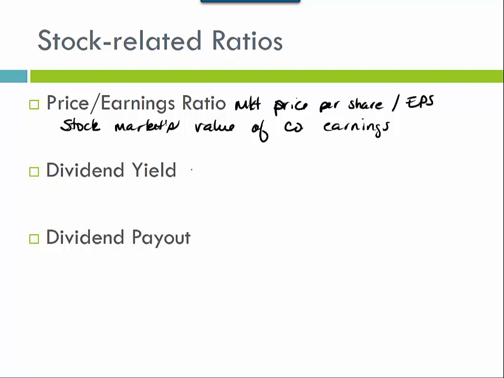Dividend yield is the annual dividend per share divided by the market price per share. It's the percent of the stock market price. So what stockholders paid for it, how much of that is returned to the stockholders as dividend. That's what this one tells you.